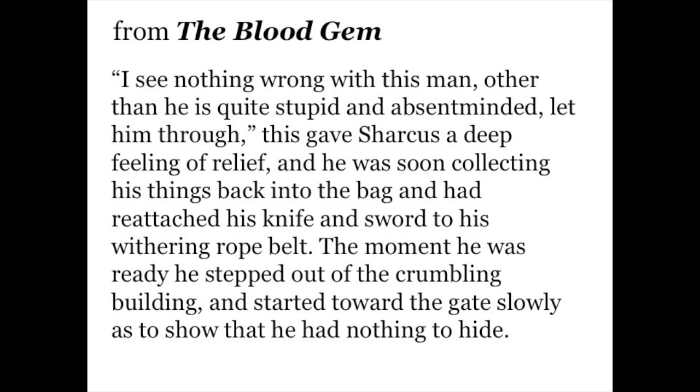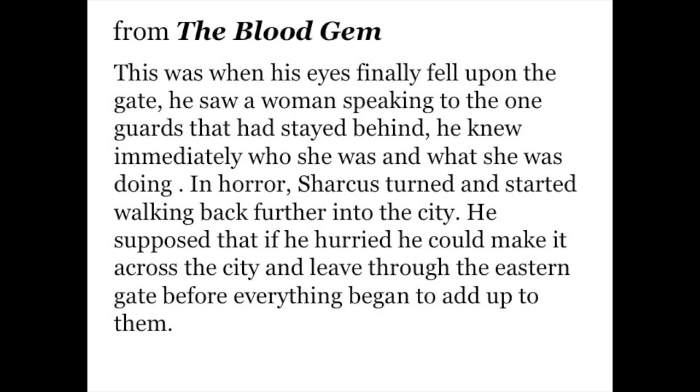"I see nothing wrong with this man, other than he is quite stupid and absent-minded. Let him through." This gave Sharkus a deep feeling of relief, and he was soon collecting his things back into the bag and had reattached his knife and sword to the withering rope belt. The moment he was ready, he stepped out of the crumbling building and started toward the gates slowly, as to show that he had nothing to hide.